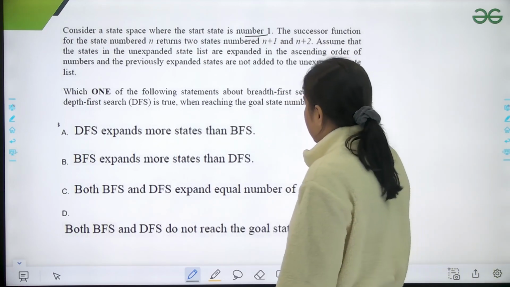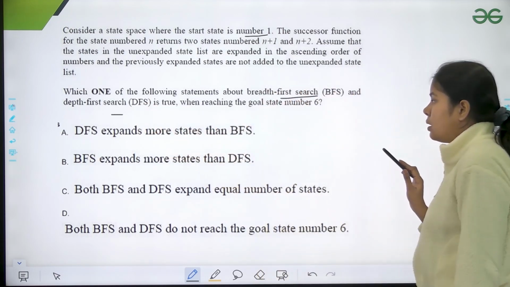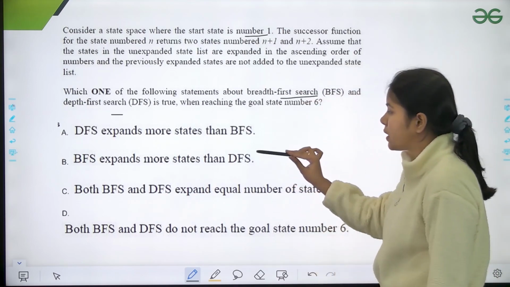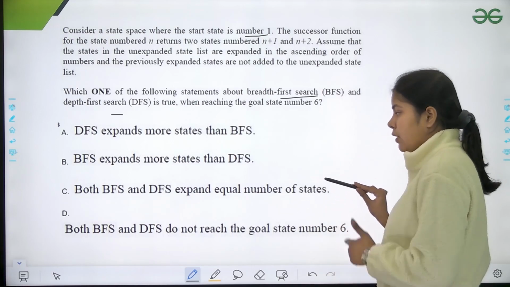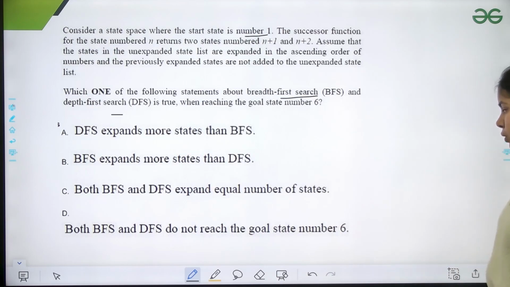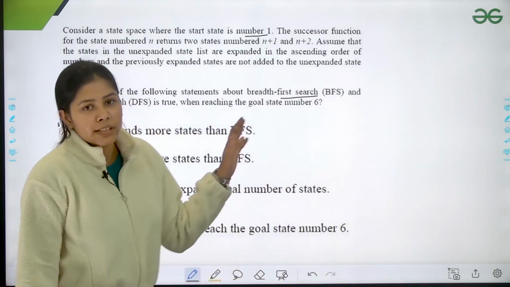Which one of the following statements about breadth first search and depth first search is true when reaching the goal state number 6? DFS expands more states than BFS. BFS expands more states than DFS. Both BFS and DFS expand an equal number of states. Both DFS and BFS do not reach the goal state number 6. Right? So this is the question.